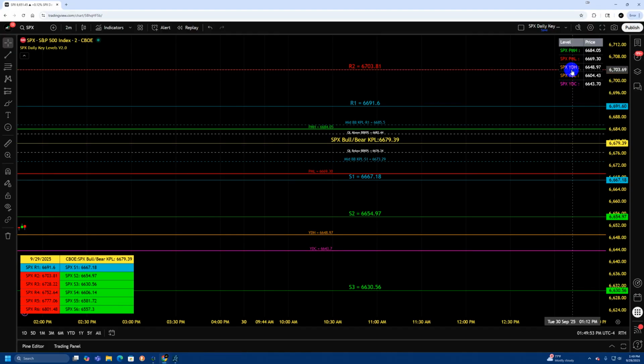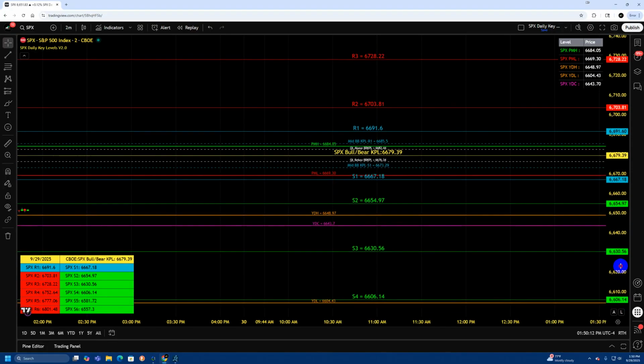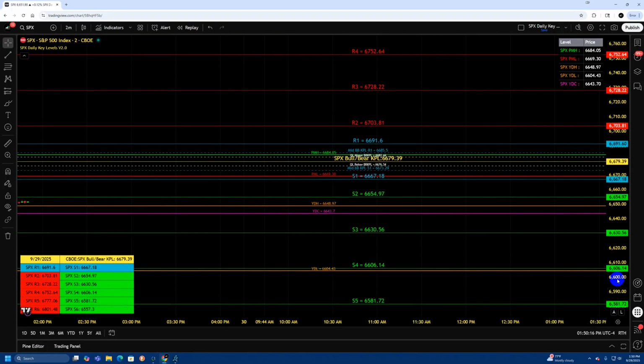So the previous days are YDH, YDL, and YDC: yesterday's high, yesterday's low, yesterday's close. PMH and PML are the current session's pre-market high and pre-market low. So pre-market high, pre-market low, YDH, YDC. We move down. Here's the low from the previous RTH session.